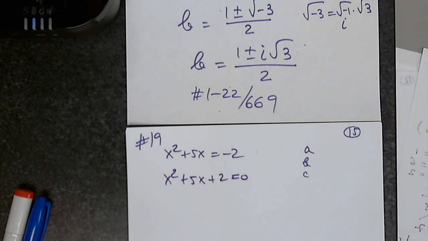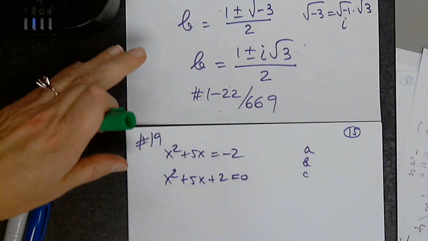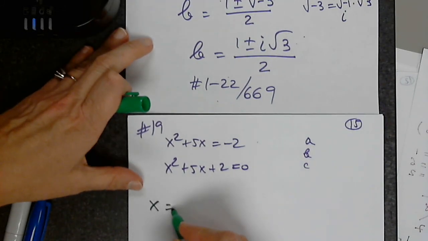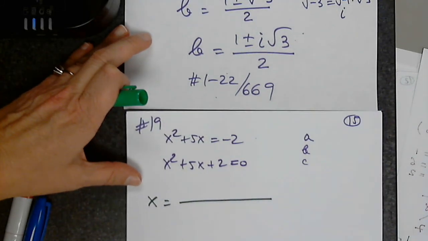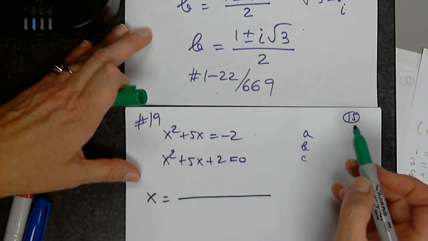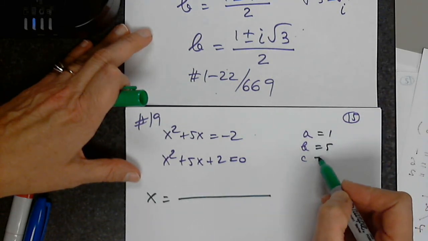You don't have to write them on the side if you don't want to. I'm fine with that. But be careful how you plug everything in. So this is 1, this is 5, and this is 2.